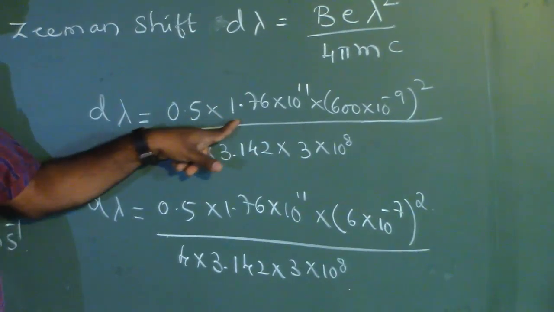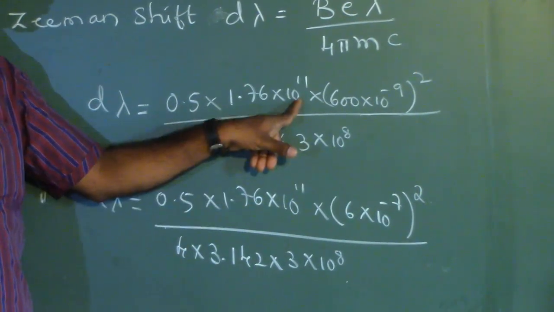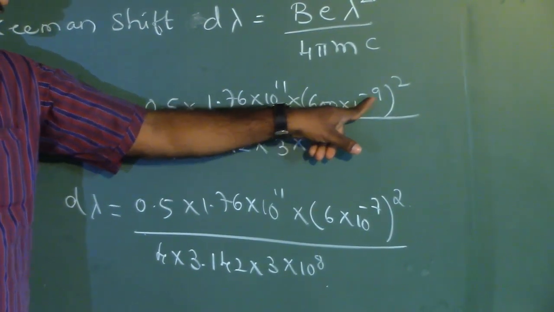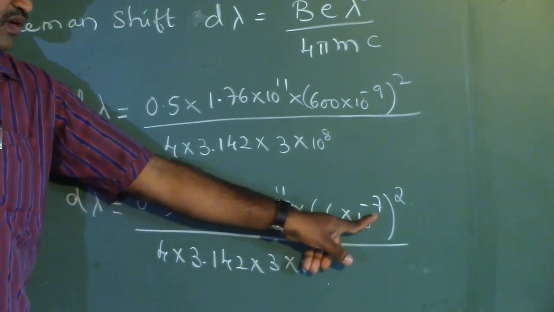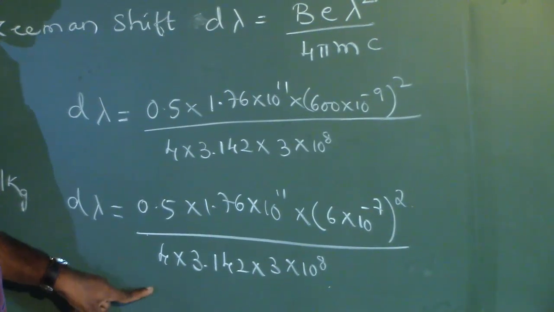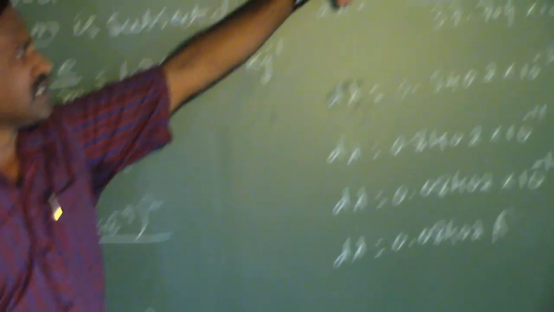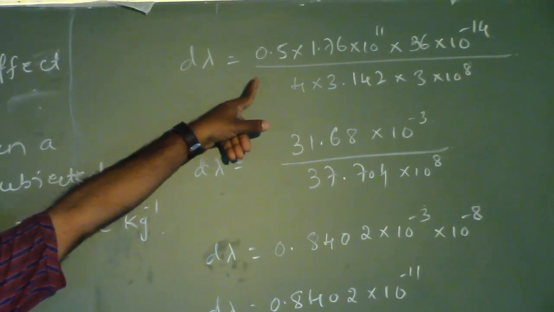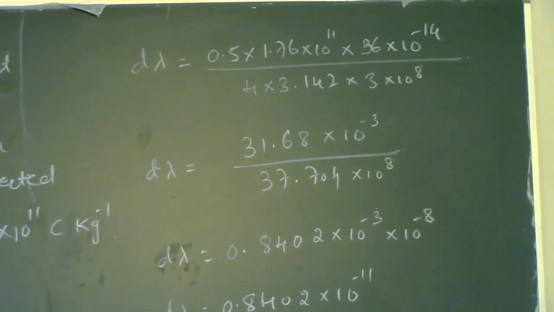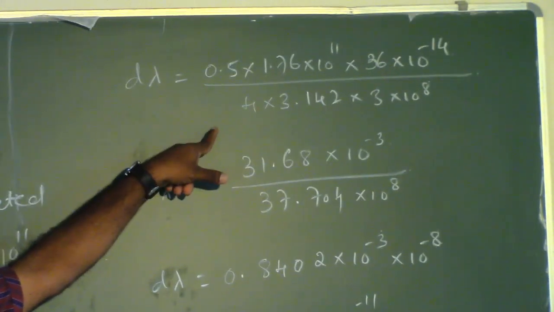For simplification, I have taken 600 into 10 to the power of minus 9 as 6 into 10 to the power of minus 7, and the denominator remains as it is. Now after simplifying, the numerator is 0.5 into 1.76 into 10 to the power of 11, and 6 square is 36 into 10 to the power of minus 14.